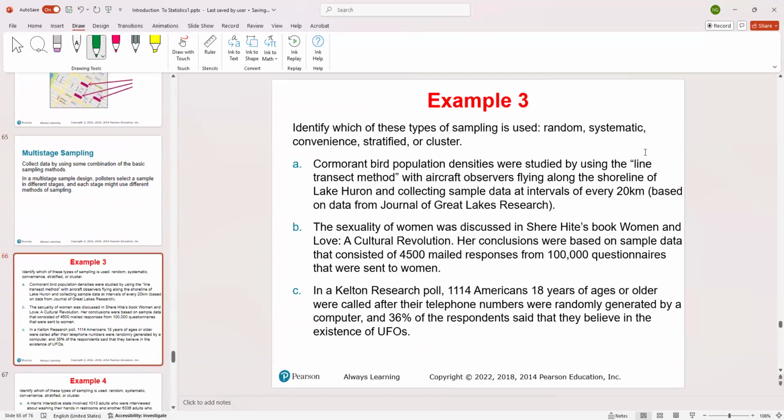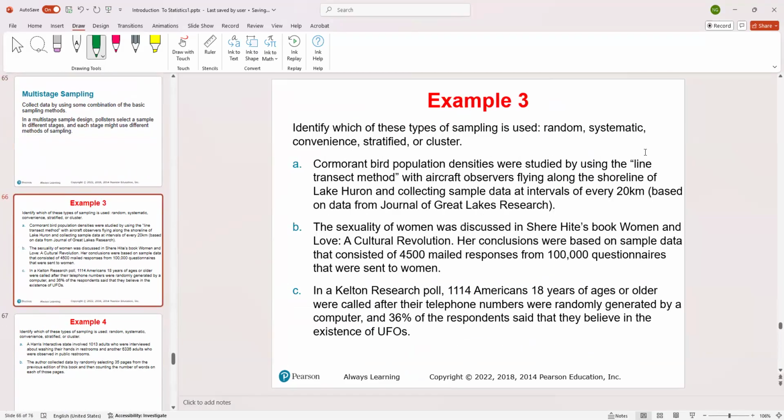That's exactly what they do in this example. They select one every 20 kilometers. So we can say this example is systematic. That's the type of sampling we're going to use for this data.